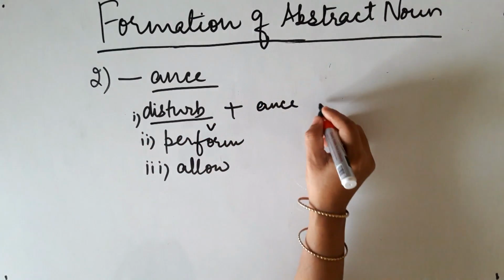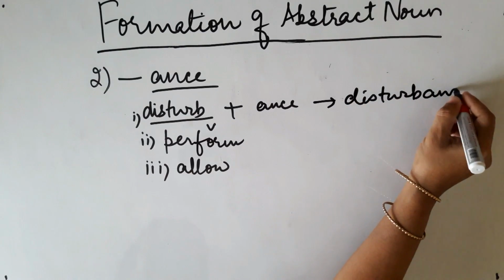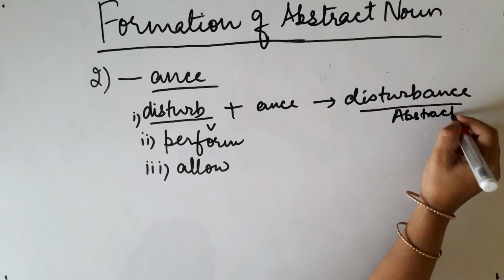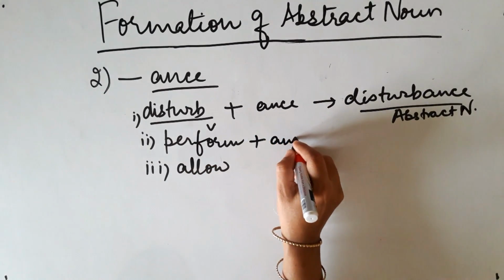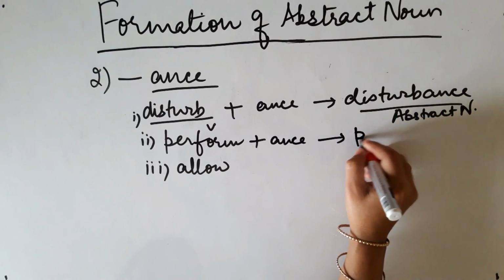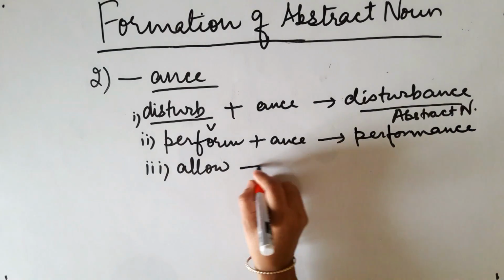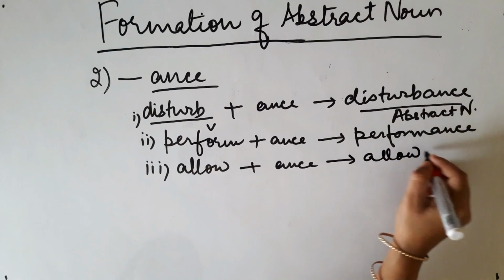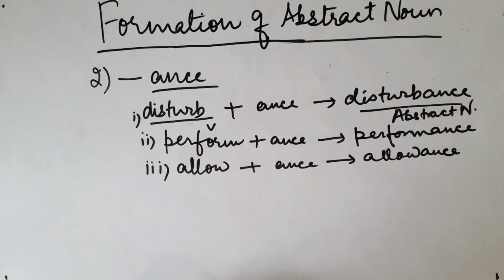If we add ance, it becomes disturbance, which is a noun, and that too abstract noun. If we take perform, we add ance, similarly it becomes performance. Allow, ance, it becomes allowance. So thus in this way, by adding ance to the verb, we can change it into abstract noun.